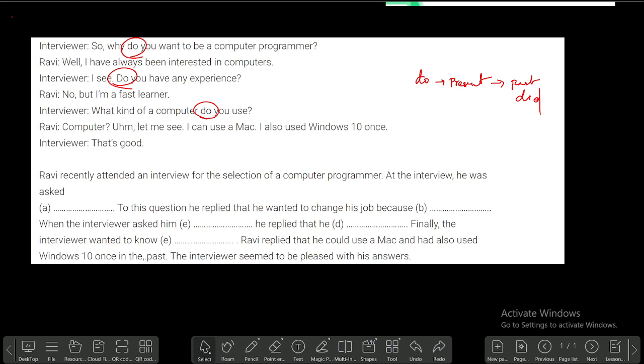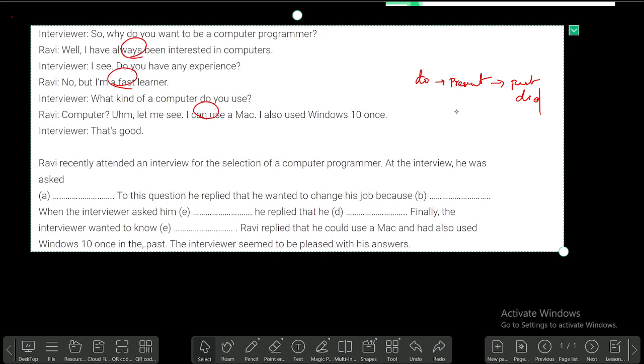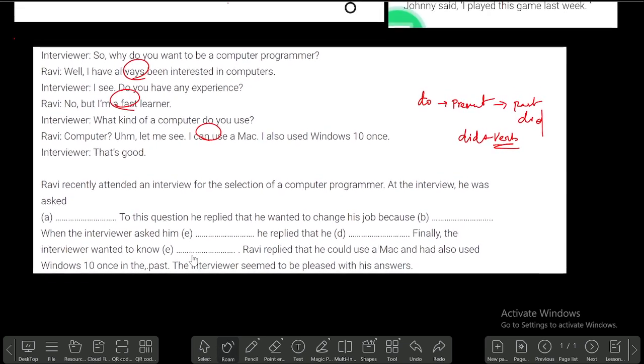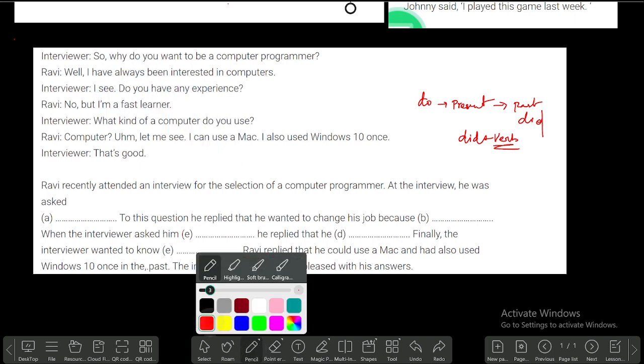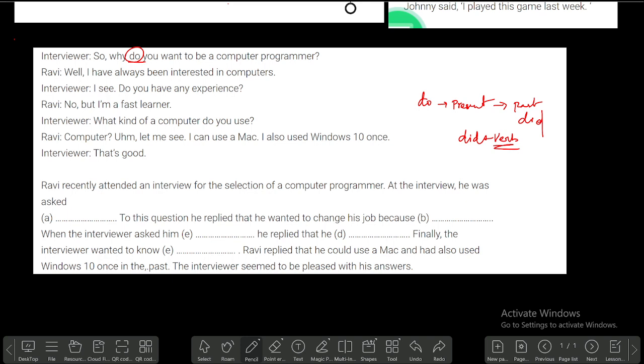And then most importantly you should remember it should be connected like did plus verb. For example, here we have the verb. These are the do forms.